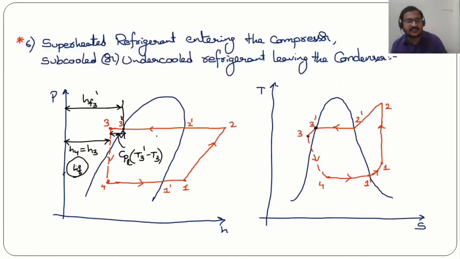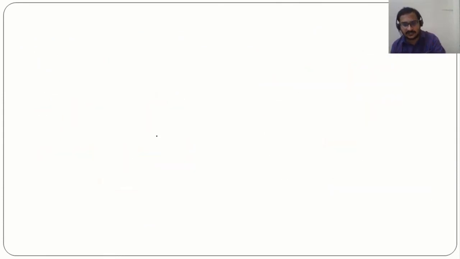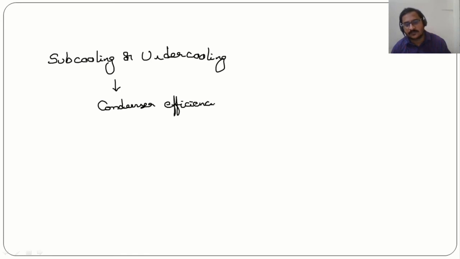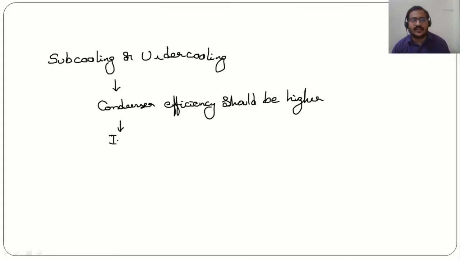Now you can observe this sixth case is going to give us the maximum COP because of subcooling or undercooling. Now this subcooling or undercooling, in order to achieve this, the condenser efficiency should be higher. So this condenser should be more efficient and it has to reject more amount of heat.